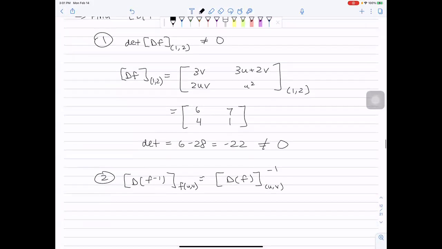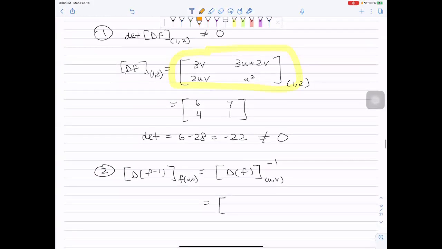We already found the derivative of f, in this yellow. So let's put that in. You get 3v, 2uv, 3u plus 2v, u squared, inverse.